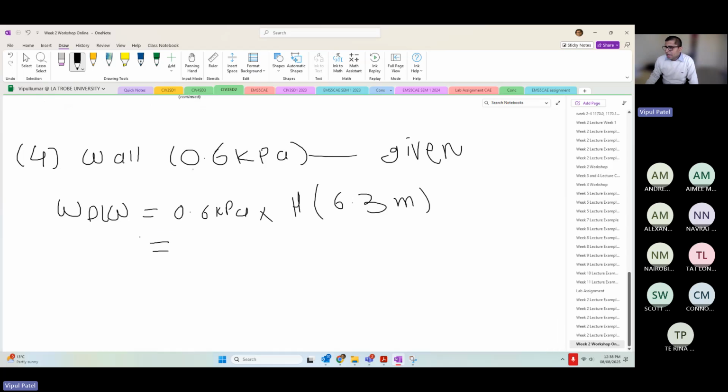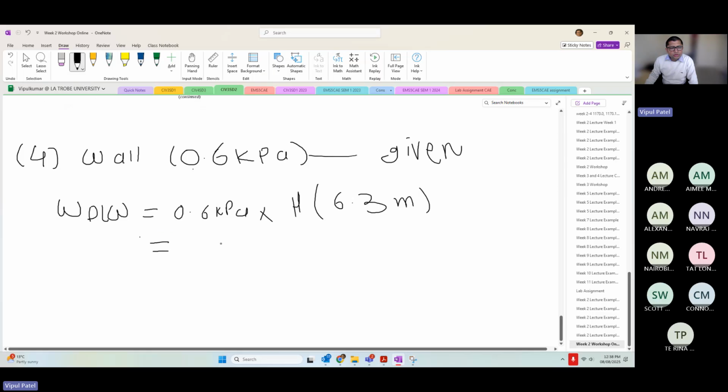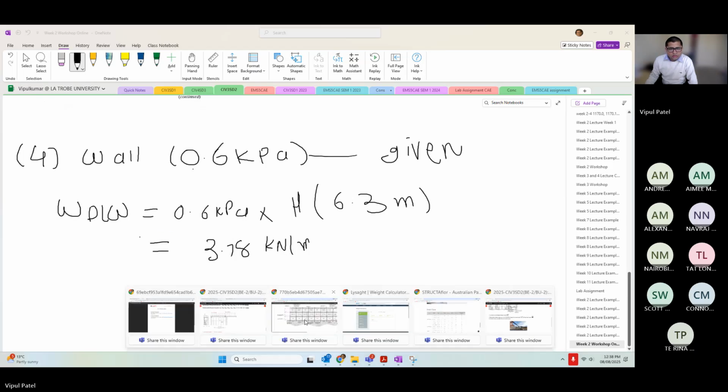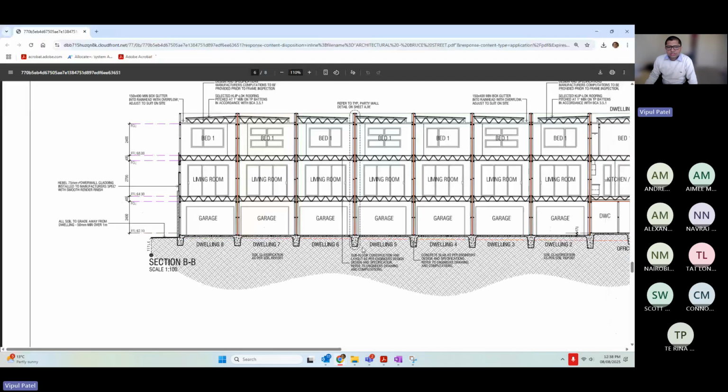So the wall load that you're going to apply would be 3.78 kilonewton per meter. So finally, we can draw up the beams. That's probably in our structural drawing, or somewhere.